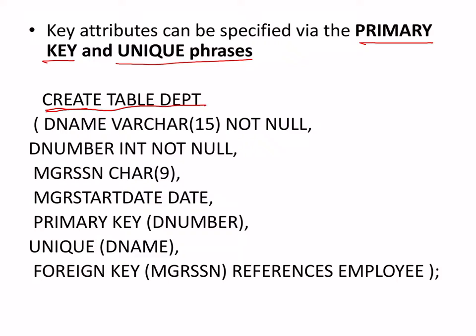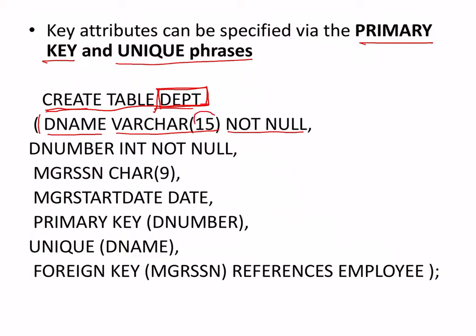Create table name. So the table name here is department. You might have any name given, that's absolutely at the user's discretion to decide what name he wants to use for that particular table. And within the bracket, all the columns and their data types separated by commas. So the first column is D name, department name. Its data type is varchar 15 and it is mentioned as not null.